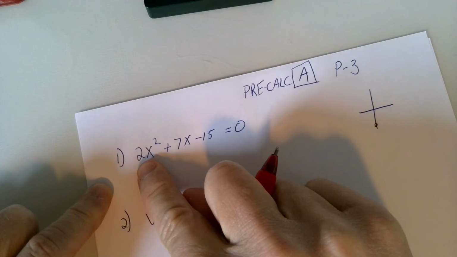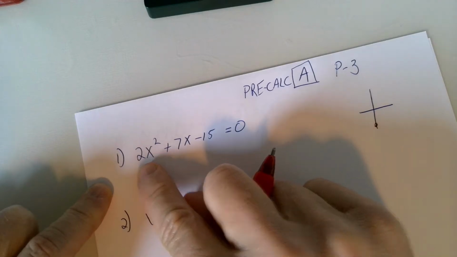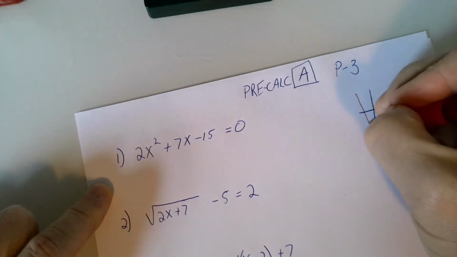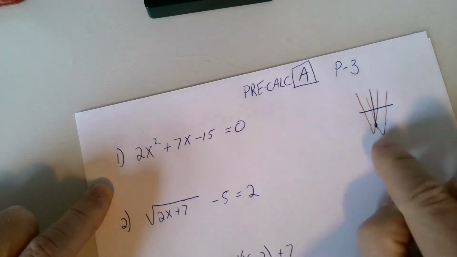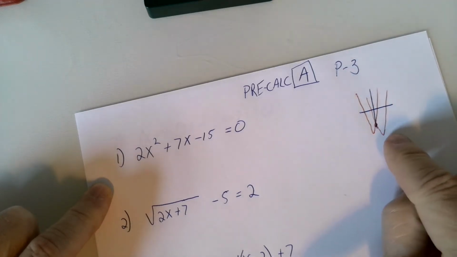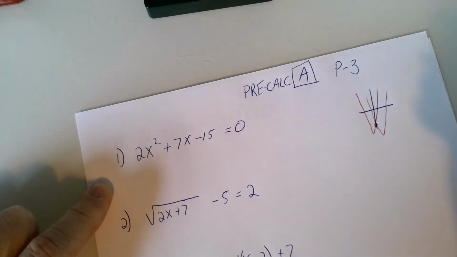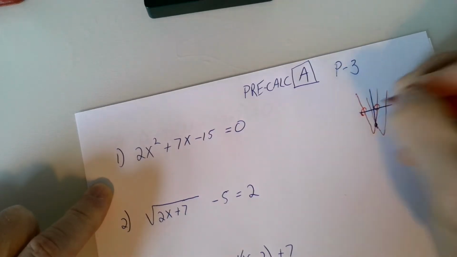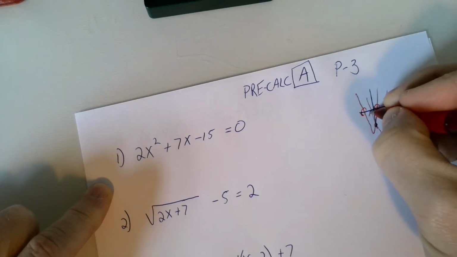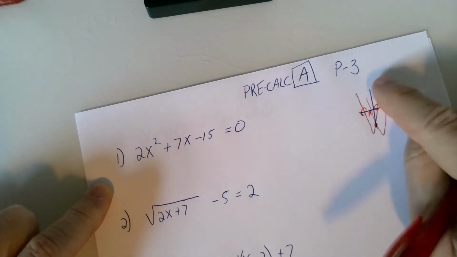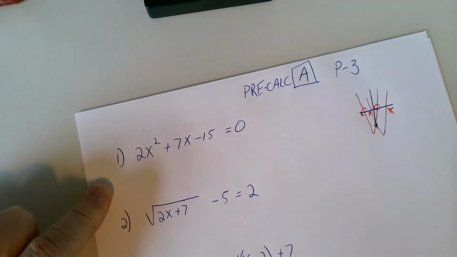And then it's got a positive 2x squared. So the parabola's either got to go like this or like this, but regardless, it's going to touch twice based on the y-intercept. You know it has to open up positive because this is a positive 2.